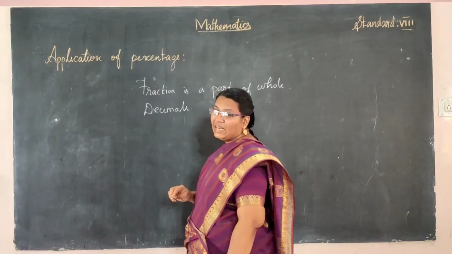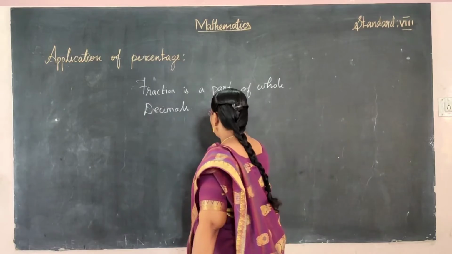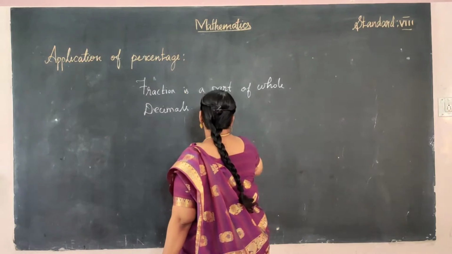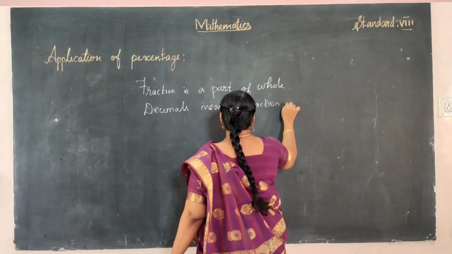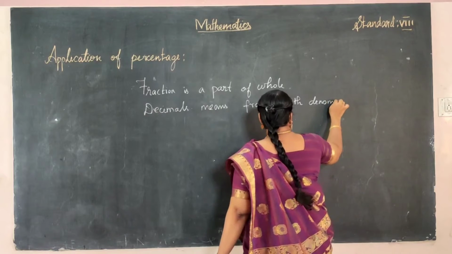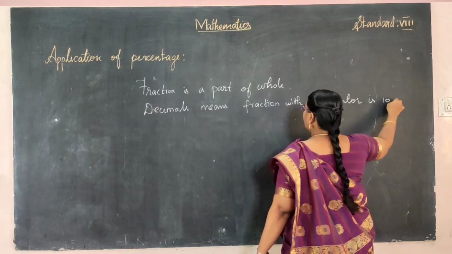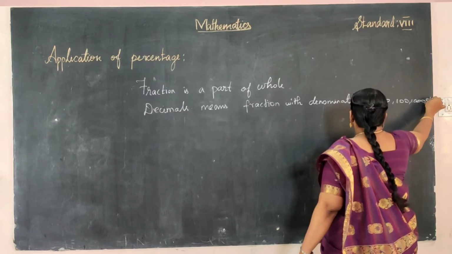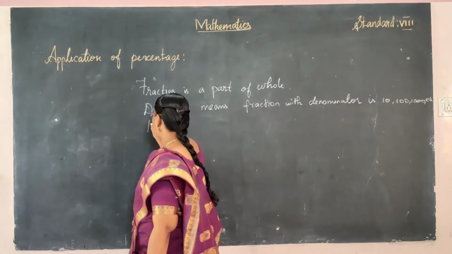A fraction with a denominator of 10, 100, 1000, etc. is called a decimal. Okay, and then the next one, percentage.